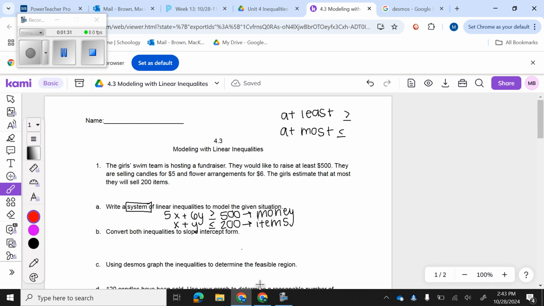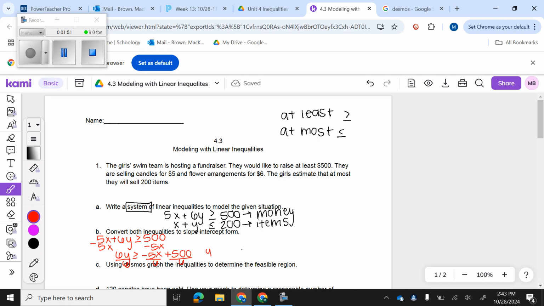Okay, so I've got 5x plus 6y is greater than or equal to 500. I want to get this y by itself, so I'm going to subtract 5x from both sides. I'm going to have 6y is greater than or equal to negative 5x plus 500. I'm going to divide everything by 6.